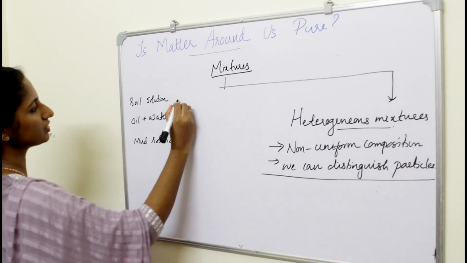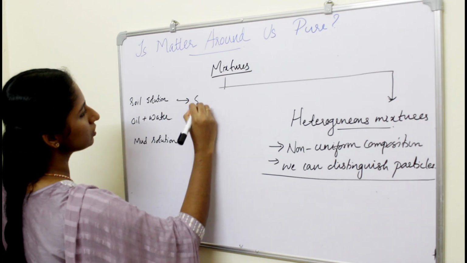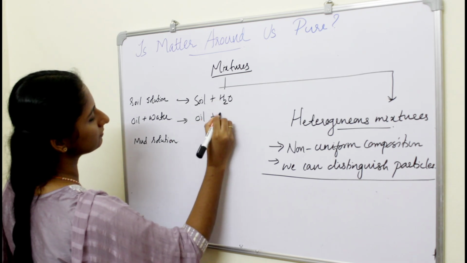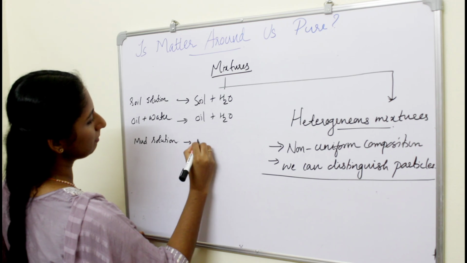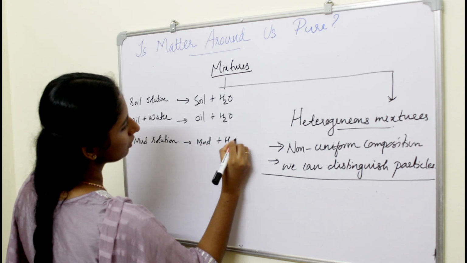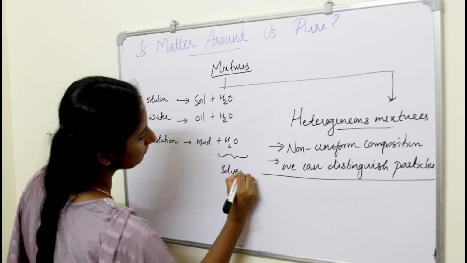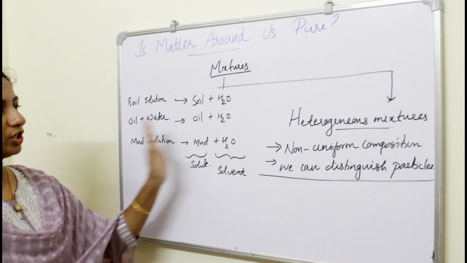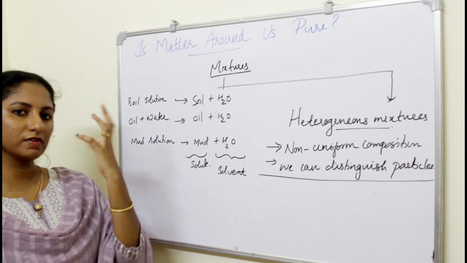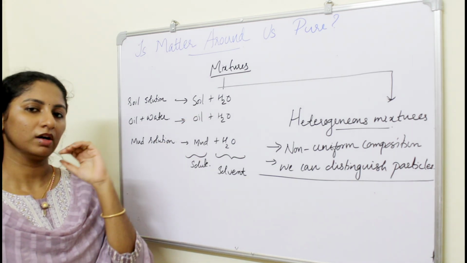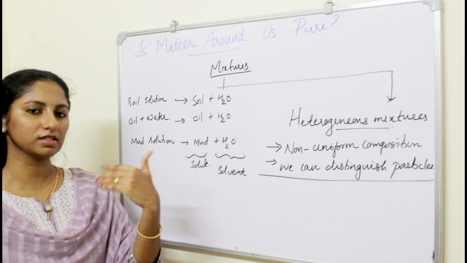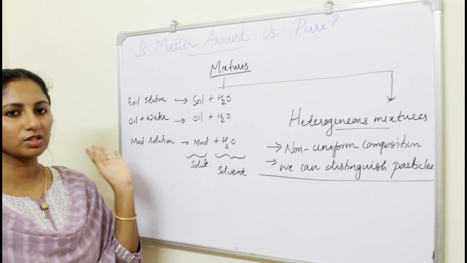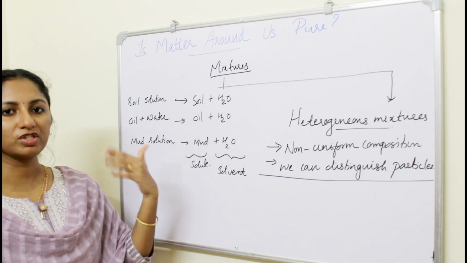These have soil plus water, oil and water, and mud and water. The water particles are the solvent and the other is the solute particle, so it has a non-uniform composition. If you take some soil in a beaker, add water and stir the mixture, we get a muddy colored solution, due to the mixing of soil and water.